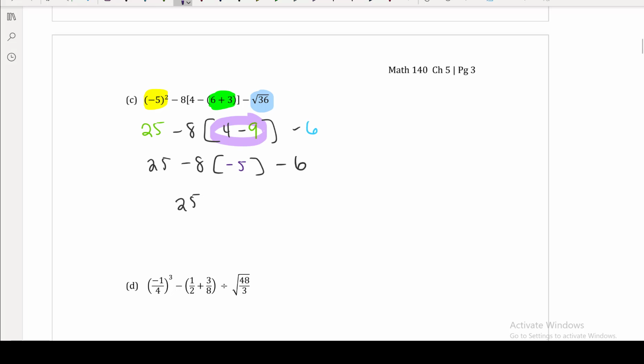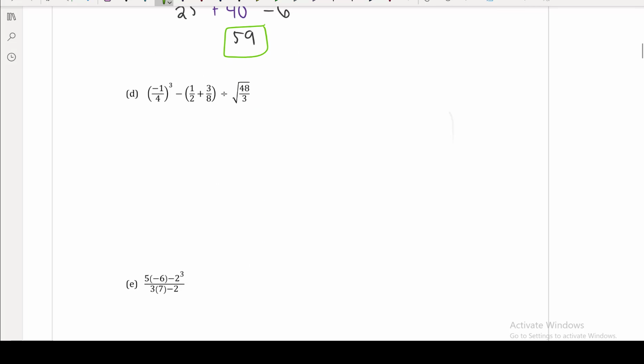So you want to make sure that you say plus 40, and you have a minus 6. So now with your calculator, you can do 25 plus 40 minus 6, and your final answer there is going to be a 59. So 59 will be your final answer.